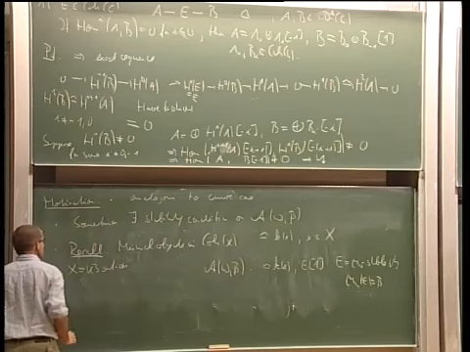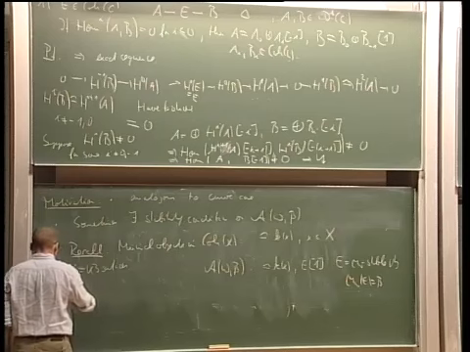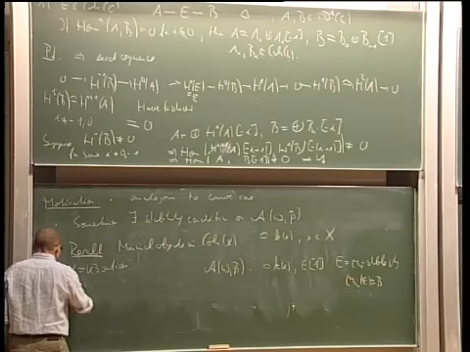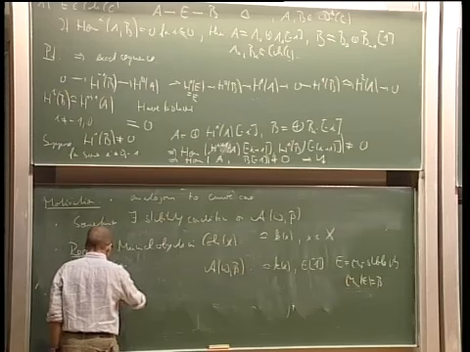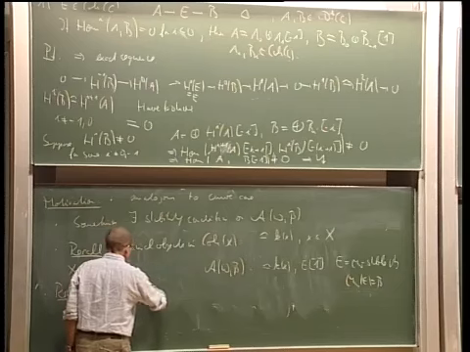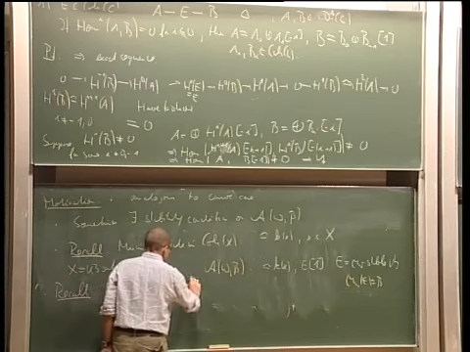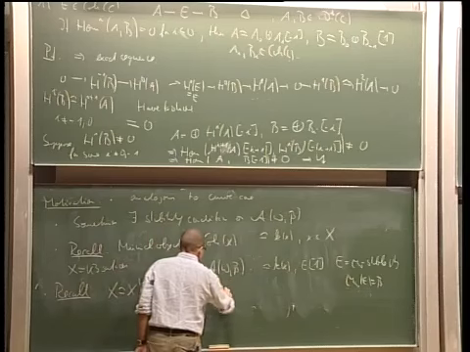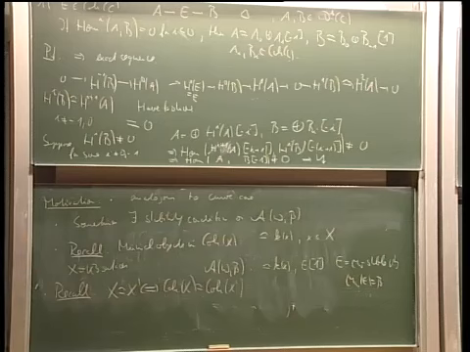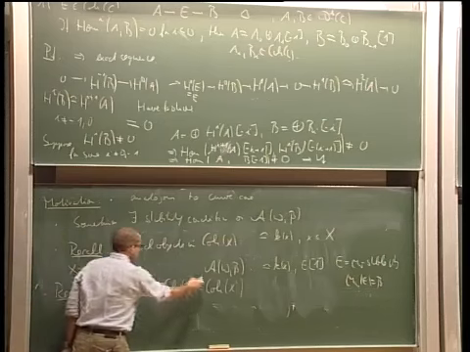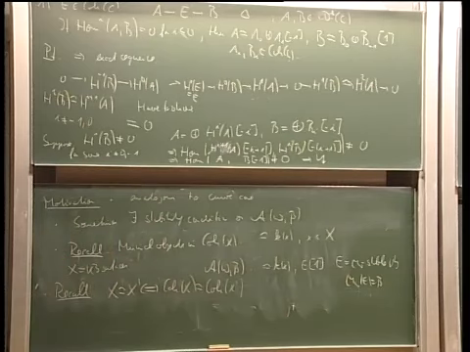And last but not least, recall that there's an old result by Gabriel that says that two varieties are isomorphic if and only if their abelian categories of coherent sheaves are equivalent. If you want to do this over a fixed field, then you have to require this equivalence to be k-linear.